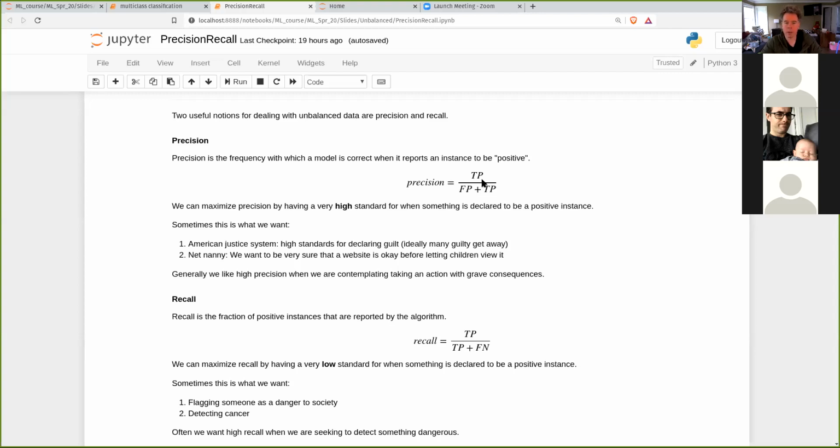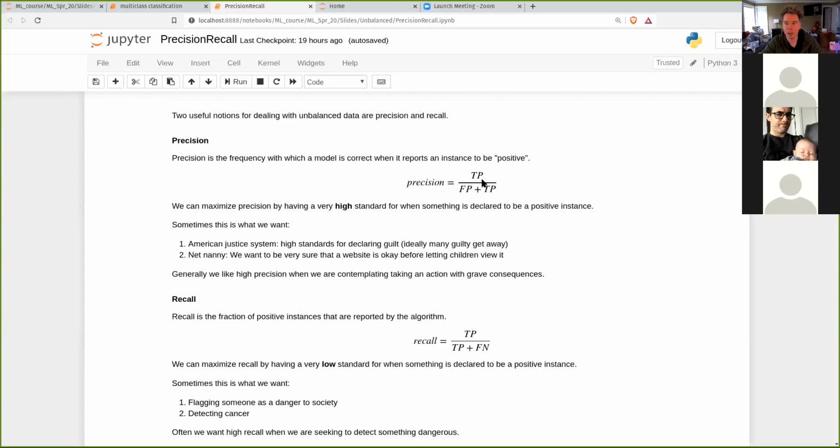The way that you maximize precision is by having a very high bar for when you flag something as a positive instance. Like it's supposed to be in court: everybody's innocent until proven guilty, or it's better that ten guilty men go free than one innocent person be hung, or something like that.